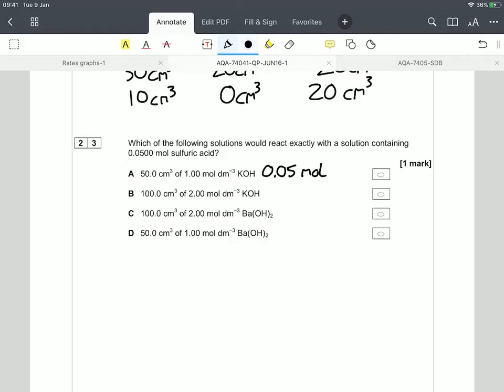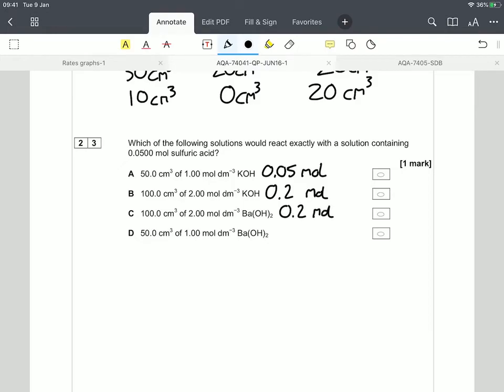Well, that looks like the correct answer to me, but let's just double check that I've not done something stupid. 100 over 1,000 times 2, so that's 0.2, so that doesn't look like a sensible answer. Let's just check the barium hydroxide answers. 100 over 1,000 times 2, that's the same as the previous one, isn't it? 0.2 moles, okay.